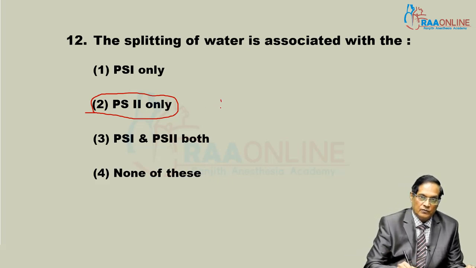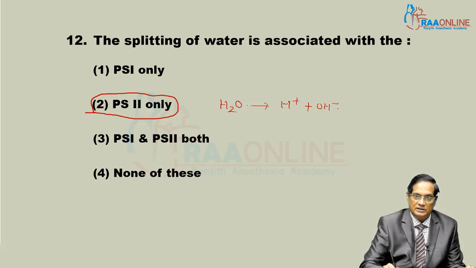That is, water undergoes lysis, that is, positively charged H ions and negatively charged OH ions are produced, and these OH ions supply their electron to pigment system number 2.